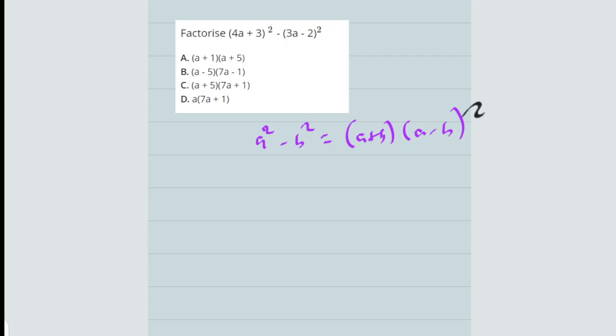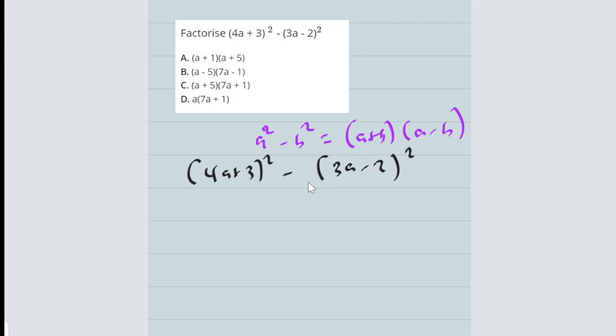You can see that we can treat this as also difference of two squares, because we have (4a plus 3) squared minus (3a minus 2) squared. Don't forget, I told you the moment you have a negative as the relationship between the two terms, and you are asked to factorize them, think of difference of two squares first.